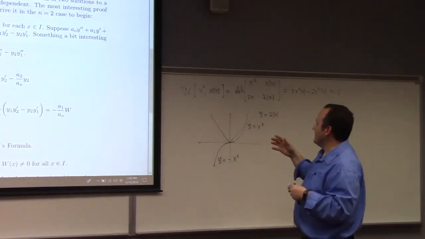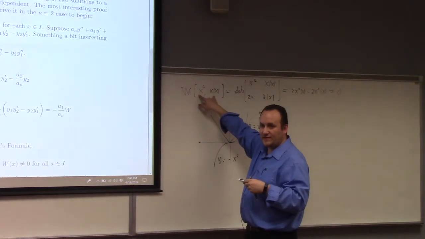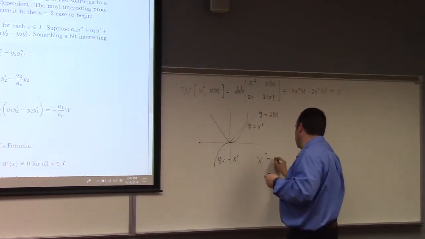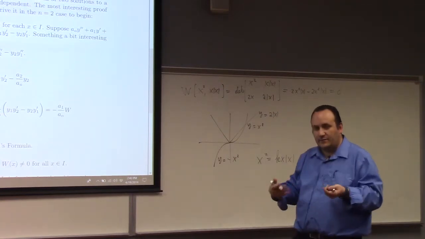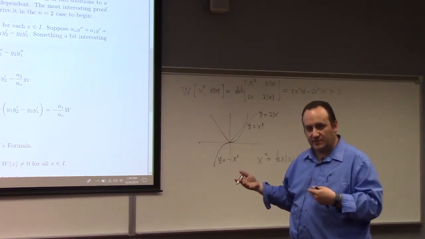But these two functions, y equals x squared and y equals x times the absolute value of x, are not linearly dependent in the same way for all x. I can't write x squared equal to k times x absolute value of x for all x, which is what would be required for them to be linearly dependent on the reals.